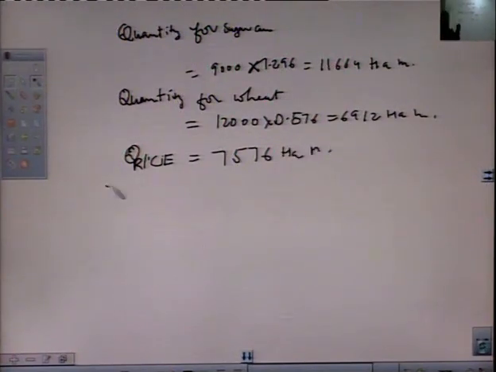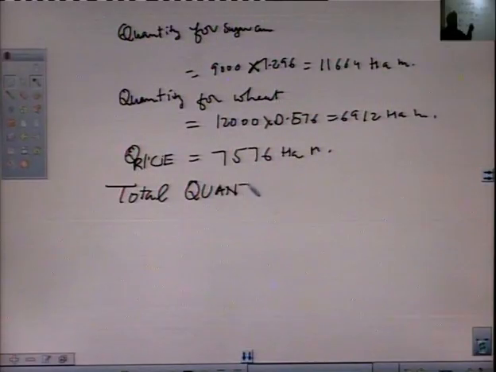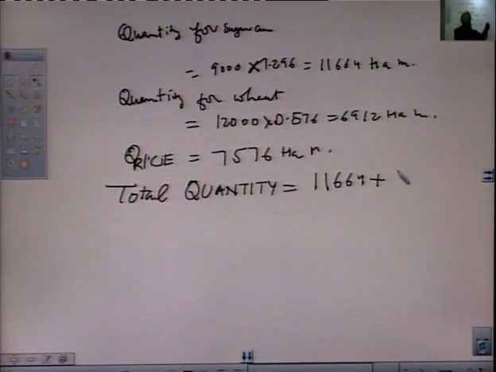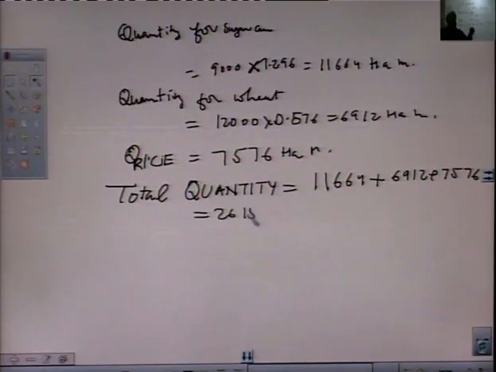Total quantity can be worked out by adding all of the above. So when we add all these, this will be 26152 hectare meter.